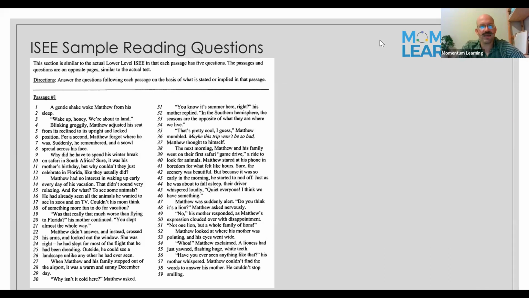All right, so here is our example of a reading passage. One of the things that you'll notice differently between state standardized tests that you might take in public schools and the ISEE test is this one has line numbers on every line.